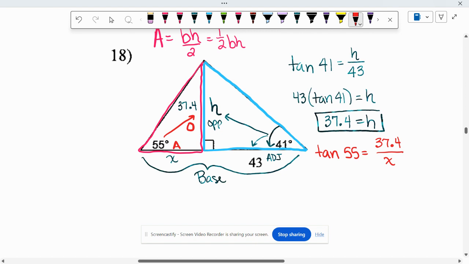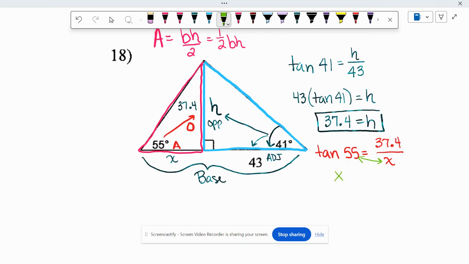We have done something like this before. You know that the only way to get X out of the denominator is to multiply both sides by X and then divide by the tangent of 55. You are just trading spots with these. You're going to put the tangent of 55 in the denominator and X on the outside.